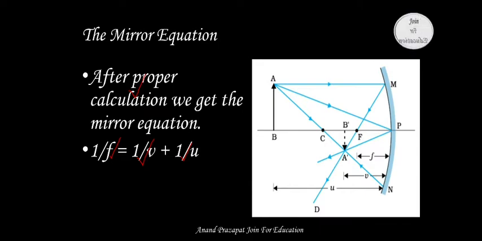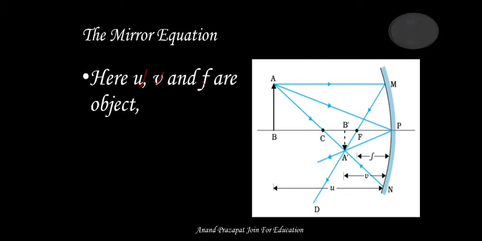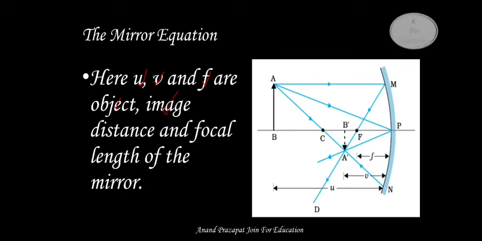If you want the details of this derivation, visit my blog anandprajapati.blogspot.com, where the detailed derivation of the mirror equation is available. Here U, V and F are the object distance, image distance and focal length of the mirror.